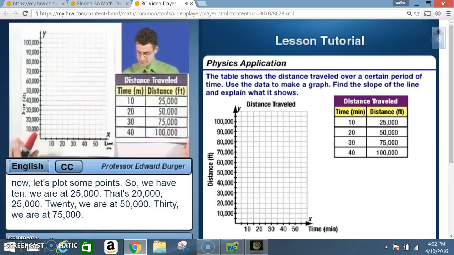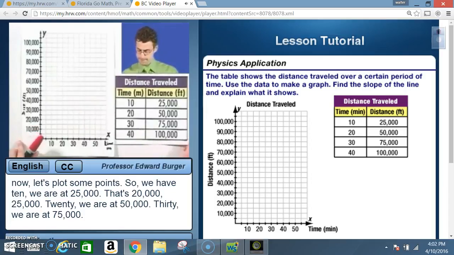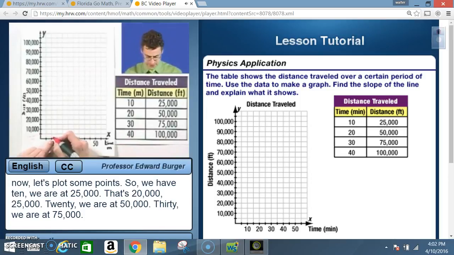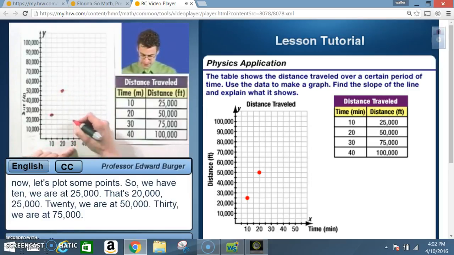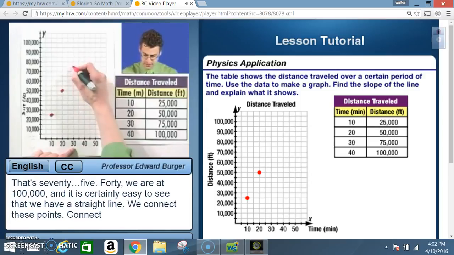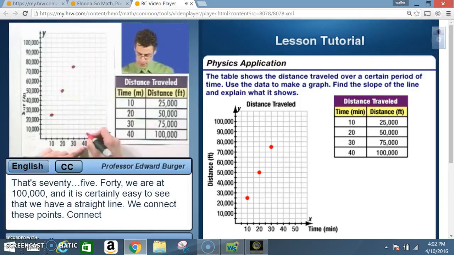So we've got 10, we're at 25,000. It's 20, we're at 50,000. 30, we're at 75,000. 40, we're at 100,000.